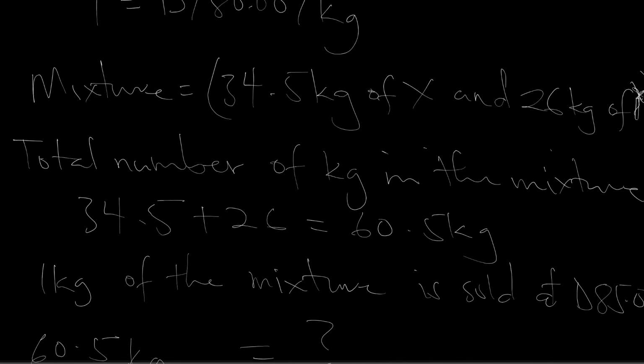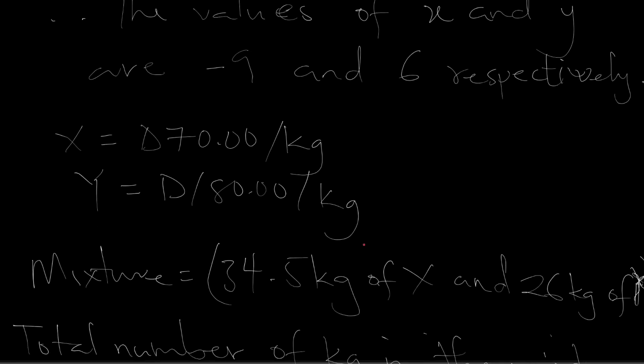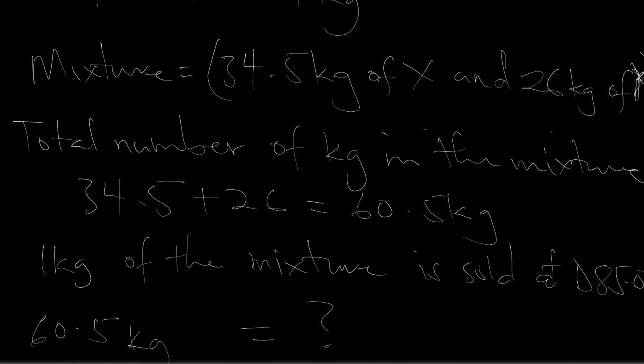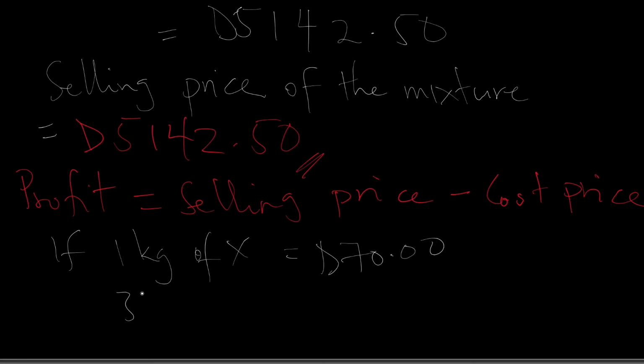But then we know that 1 kilogram of X is 70D, and we used 34.5 kilogram of X for the mixture. So if 1 kg of X is equal to D70, then 34.5 kg of X should be equal to what?